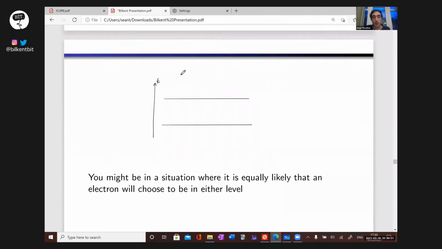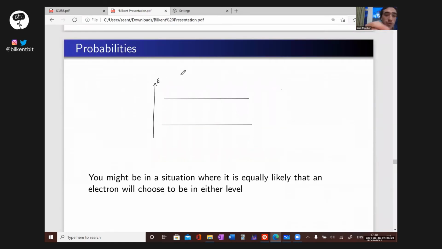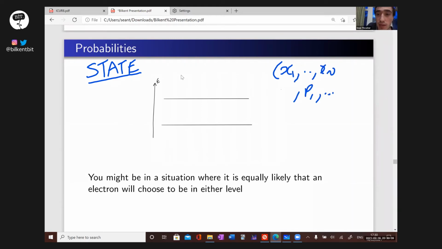So now I want to talk about what a state is. For quantum mechanics, I can tell you what a state cannot be. It cannot be a list of position and momentum anymore. I can't do that anymore. Instead, we're going to have to think a little bit.